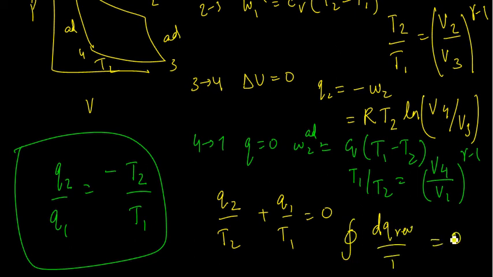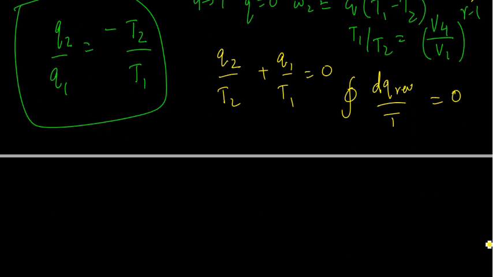That's what I was trying to show you from here. Once we know this, we can always do the other way around. And once we have this, then my efficiency just comes out to be 1 plus Q2 by Q1, which I can also state as 1 minus T2 by T1.